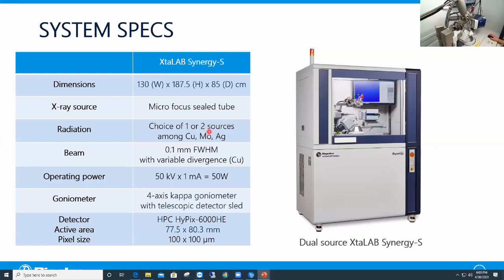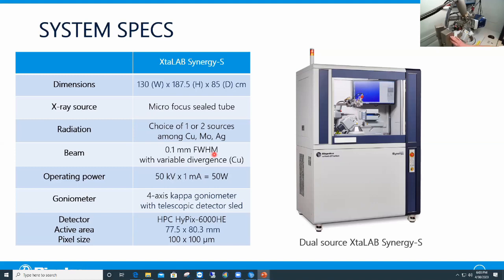There's no change to make to the configuration of the system besides adding that second source. What we have for our system today is two sources: one here at the front for copper and another one at the back for moly. So we have two separate beams, and from CrysAlis Pro I can choose one or the other.